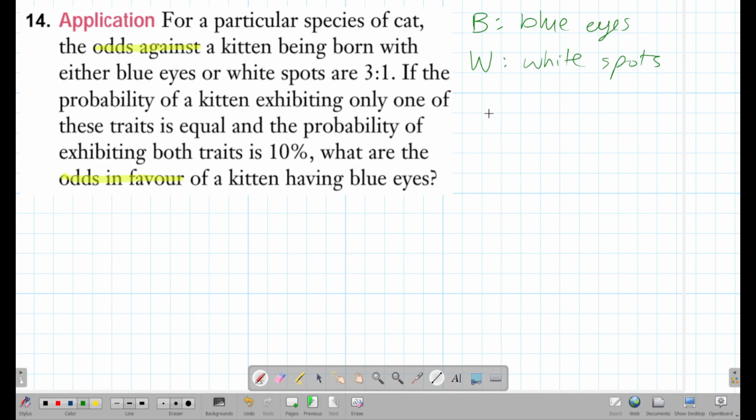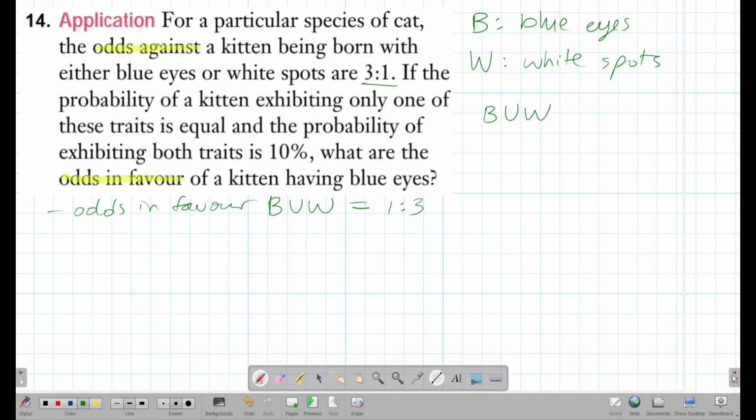It's saying that the odds against a kitten being born with either blue eyes or white spots are 3 to 1, which means the odds in favor, and by the way, either blue eyes or white spots, so this is going to be B union W, B or W. So the odds in favor of B or W is 1 to 3.